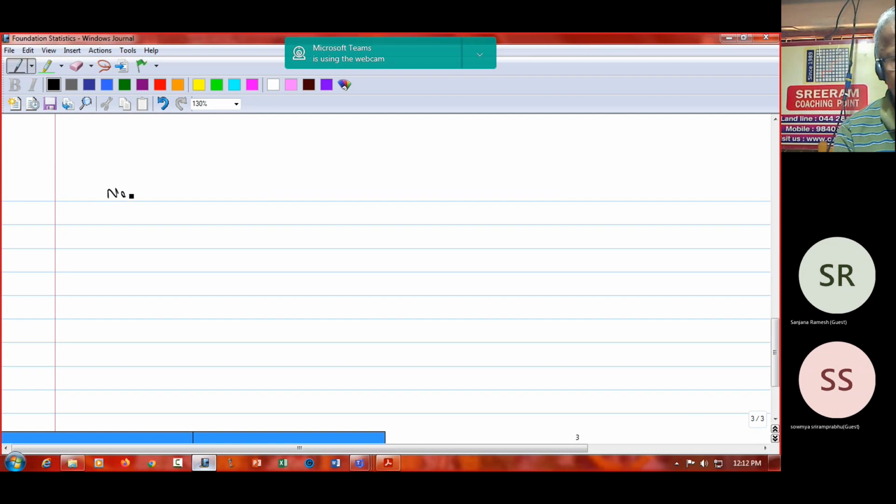I will put these as notations, not exactly as a property, not exactly as a formula.